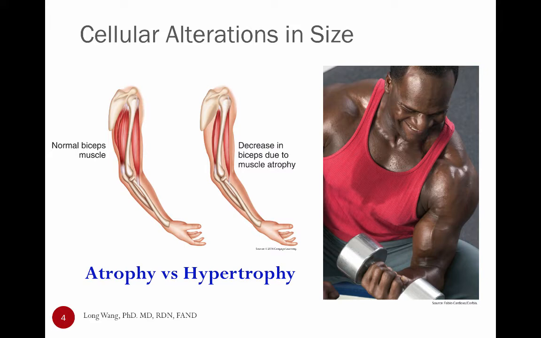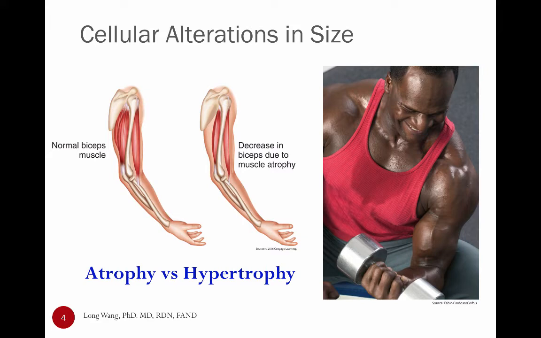The best example to see this is, let's see, this gentleman obviously is doing resistance training, and we know that would build the mass of muscle. And we know the number of muscle cells doesn't change. So when the muscle mass increases, that means the size of individual muscle cells increases.